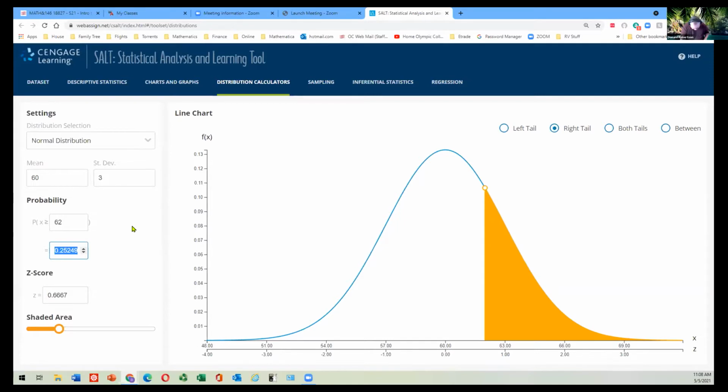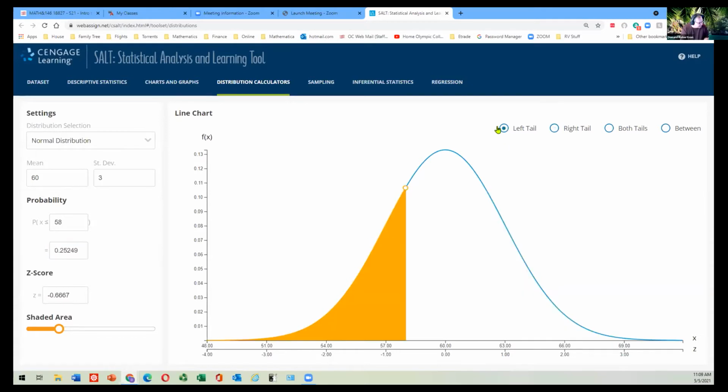Now, the second one I had was what percentage of people from this country are less than 50 inches tall? So left tail, 50 inches. And the answer is, maybe not surprising, very, very small. It's 0.0004 or so.